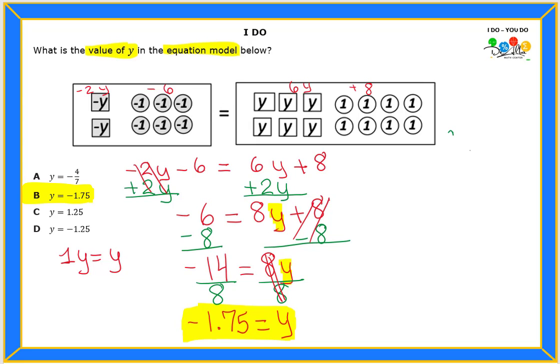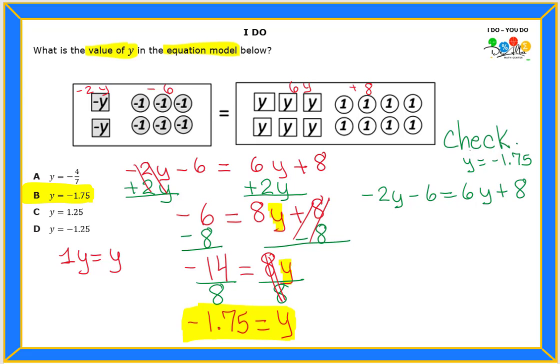So what do I mean by check? Well, check means that I am going to replace y with a -1.75. I am going to write down my equation again. So I'm going to write down -2y minus 6 equals 6y plus 8.